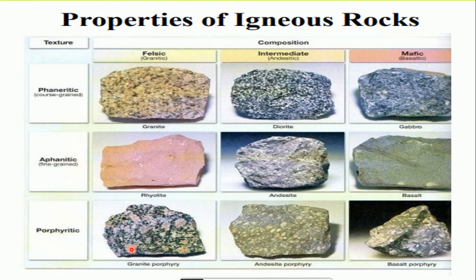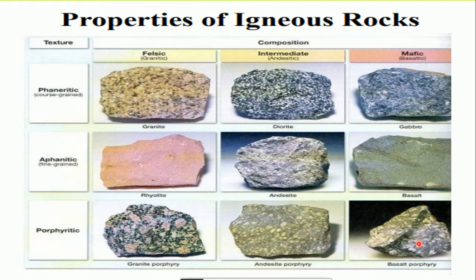And if suddenly the magma comes to the surface with those formed crystals, quick quenching and rapid cooling start, which favors small and glassy formation. So the large crystal is surrounded by small crystals, which is called porphyritic texture. You can see feldspar is surrounded by biotite, that is granite porphyry. This is andesite porphyry.